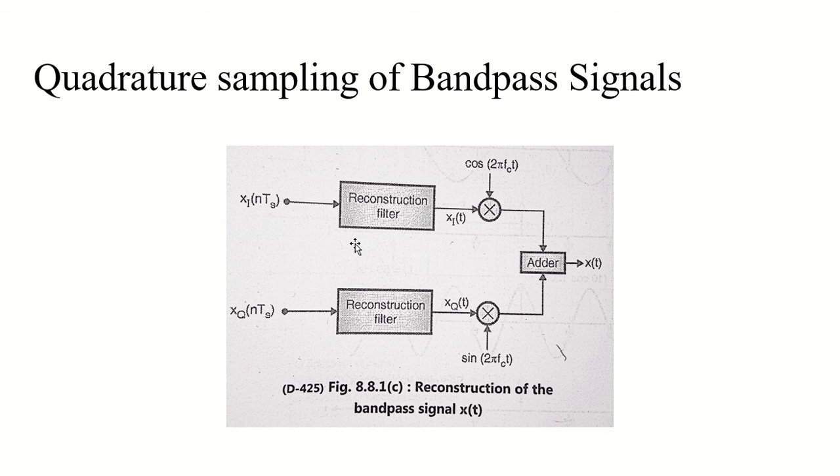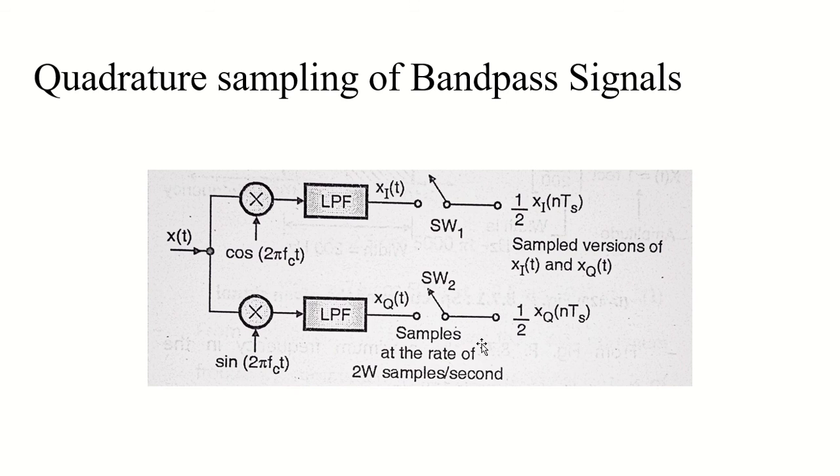Then we will have xi of t and xq of t, multiply them with cos 2 pi fct and sin 2 pi fct, just like we did earlier, and add both of them together, and you will get your original x of t signal back as it was. So it is basically the inverse or reverse process of quadrature sampling.